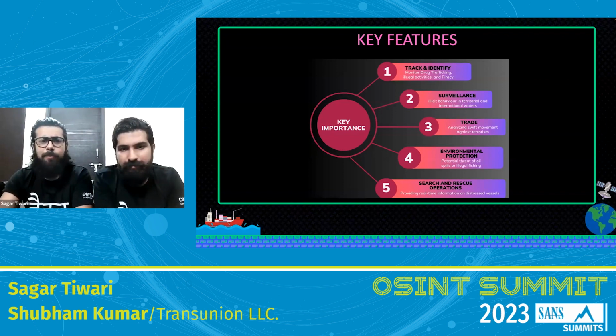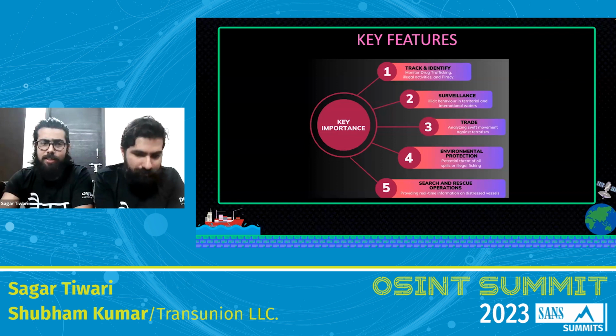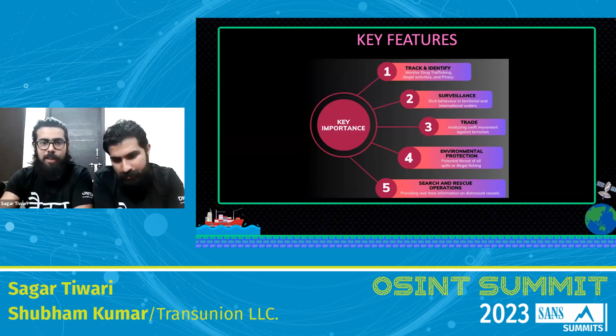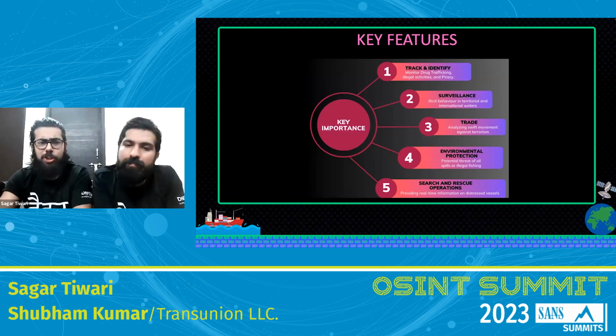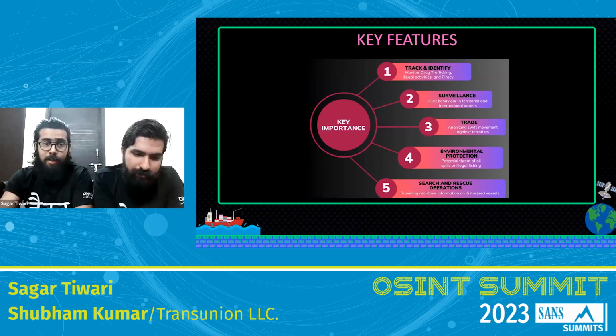So it becomes vitally important for all nations to track, identify, and perform surveillance on any kind of illicit activities going on in their territorial or international waters. Apart from nations, even private companies that are voyaging cargo ships in the open seas need to make sure that there is a swift response against any kind of threat, like terrorism or pirate operations.